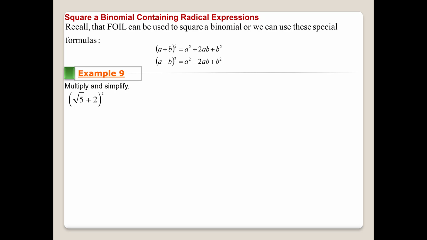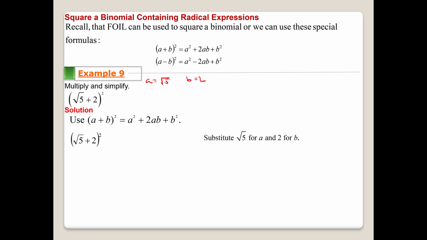We're saying a squared plus 2ab plus b squared, with a and b written out just like that. So our a in this problem is going to be square root of 5, and our b is going to equal 2.